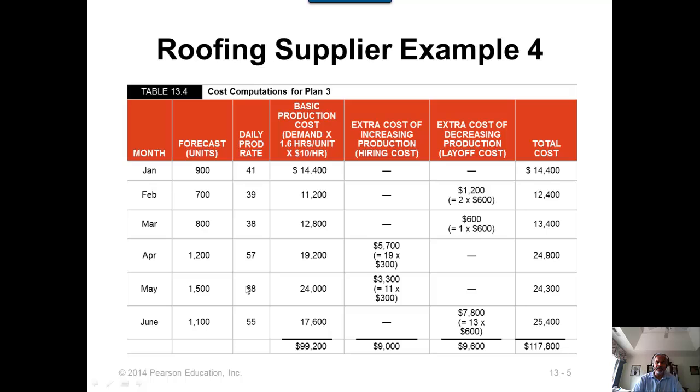And then the last month you're going down from 68 to 55. So if you sum column wise, you'll get the cost for each category for the entire 6 months. If you sum row wise, you get the total cost for each month. So sum these and you get your total cost for the entire plan.